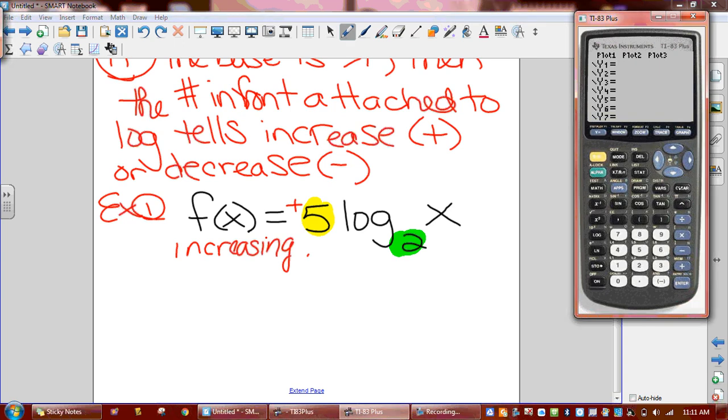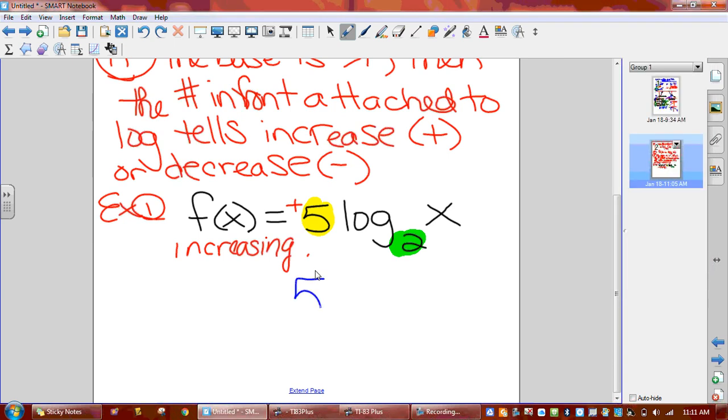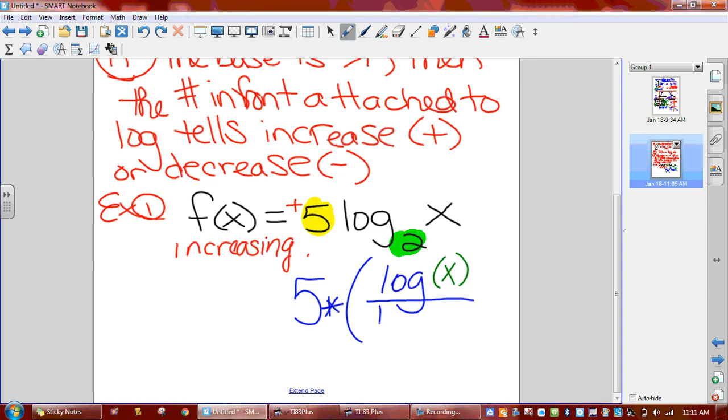If you don't have log base in your calculator, it's going to be 5 times, open brackets, log opens its own brackets, x, close the brackets, divide by log of the other base number, 2. Make sure you close this bracket and this bracket. So you're going to open a bracket here, and then you're going to double close here. But you've got to remember to close this one too.